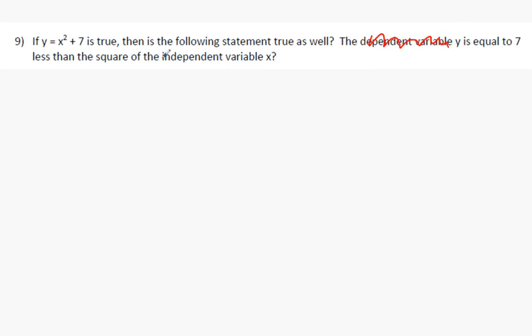Independent is x, but who really cares? The square of x. So let's just write this out. So y equals 7 less than x squared. So x squared, and then 7 less than that, so minus 7. So does x squared plus 7, is that the same as x squared minus 7? And hopefully your answer to that is obviously no, comma, duh.